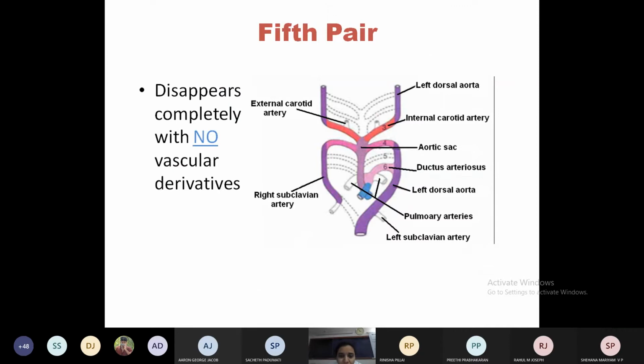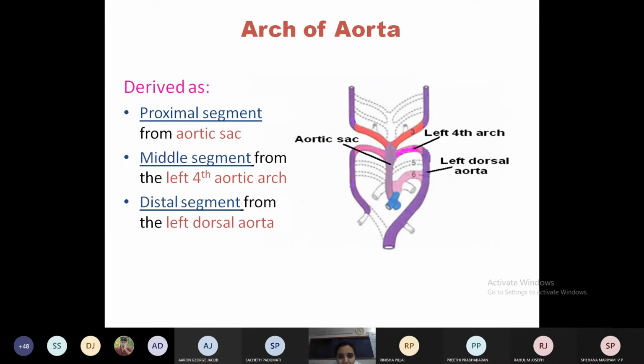No contribution from the fifth pair. Sixth aortic arch arteries: the proximal part forms the right pulmonary artery, and the distal part will degenerate. On the left side, the proximal part will form the left pulmonary artery.